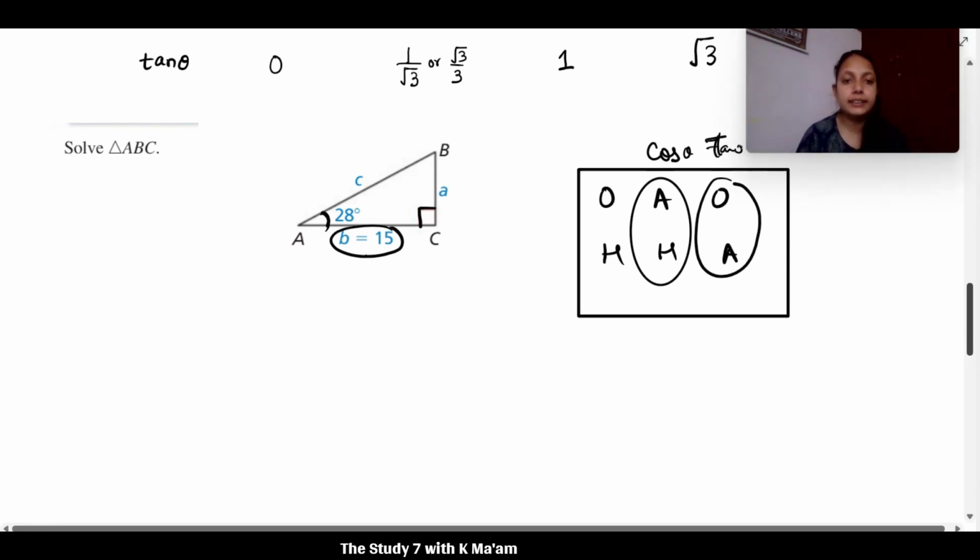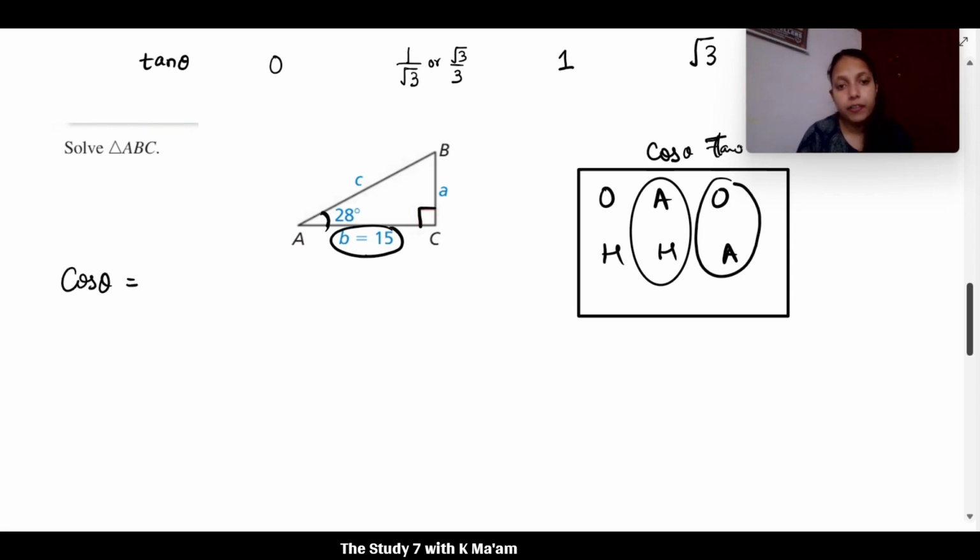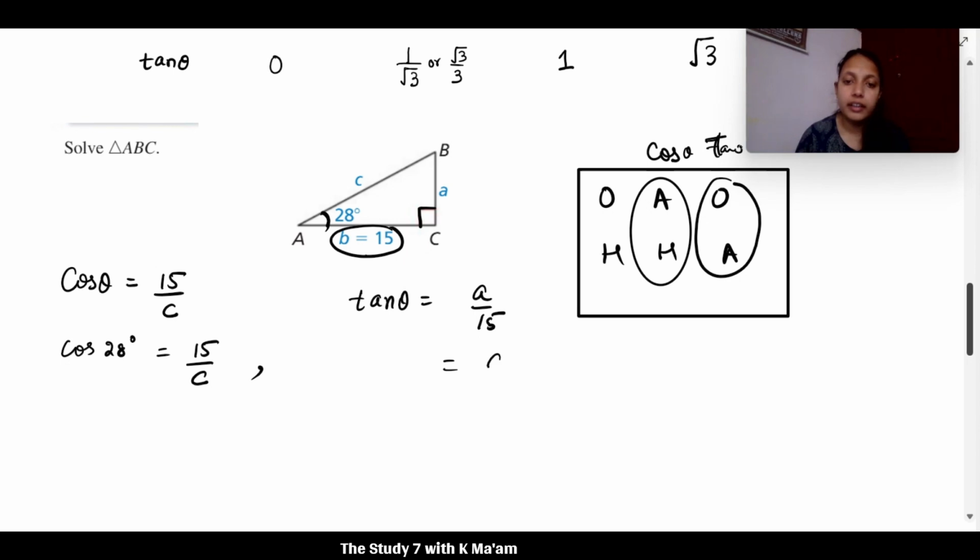Cosine theta is 15 over C, theta is 28 degrees. Then tangent theta is A over 15, the angle is 28.